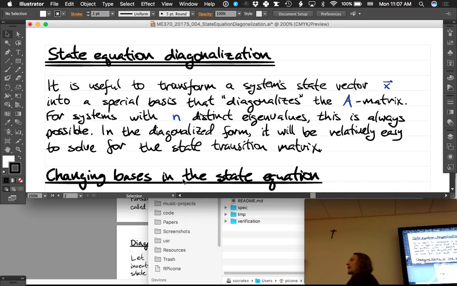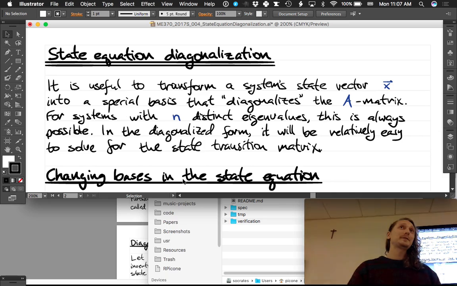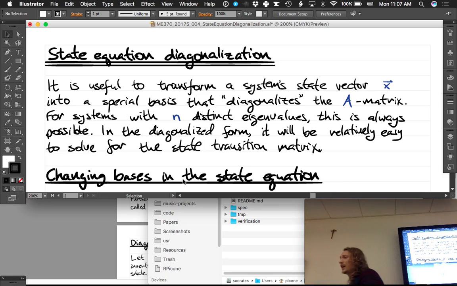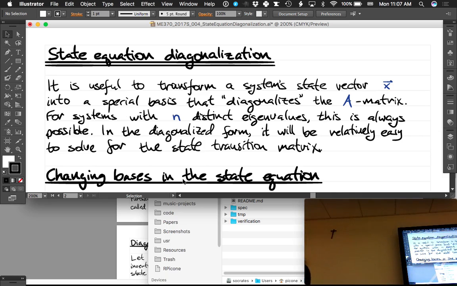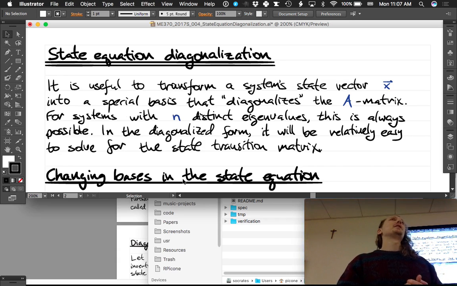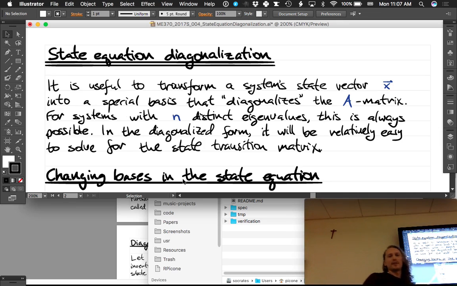So I told you that we were going to come up with an easier way to compute the state transition matrix, phi, instead of going to the definition of the matrix exponential, which I said was not the best way to do it. So we didn't focus on it. This is that way, okay? We're there. So I'm going to start to expect you guys to compute these state transition matrices using this method.